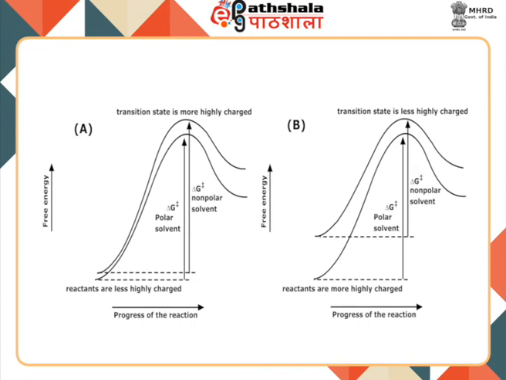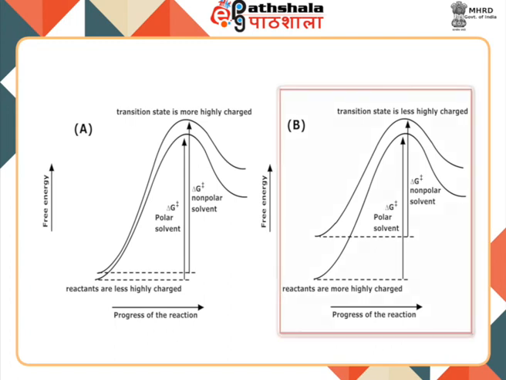If the charge on the reactants is greater than the charge on the rate determining transition state, a polar solvent will stabilize the reactants more than it will stabilize the transition state, which will increase the difference in energy between them. Consequently, an increase in the polarity of the solvent will decrease the rate of the reaction, as shown in figure B.